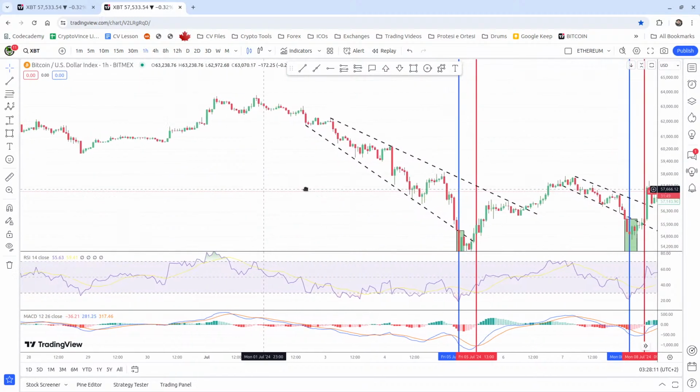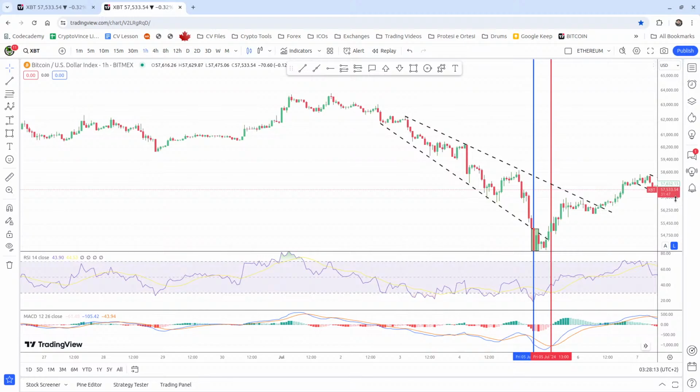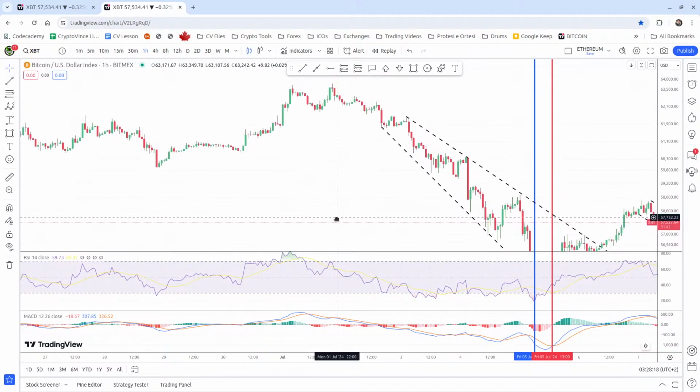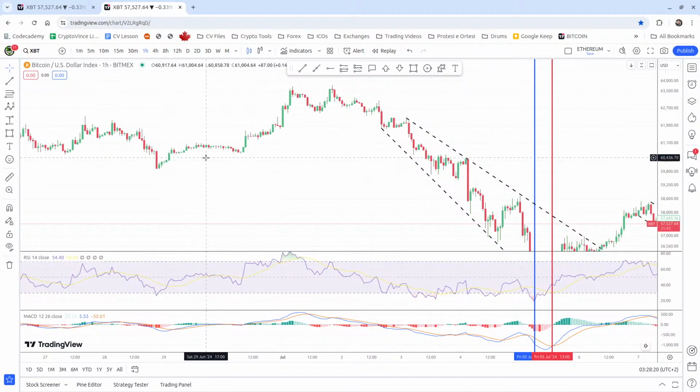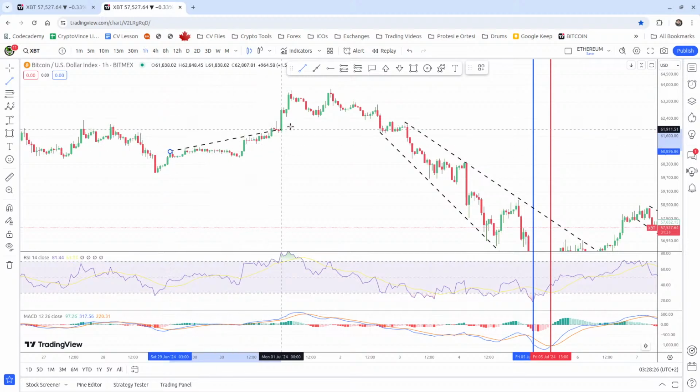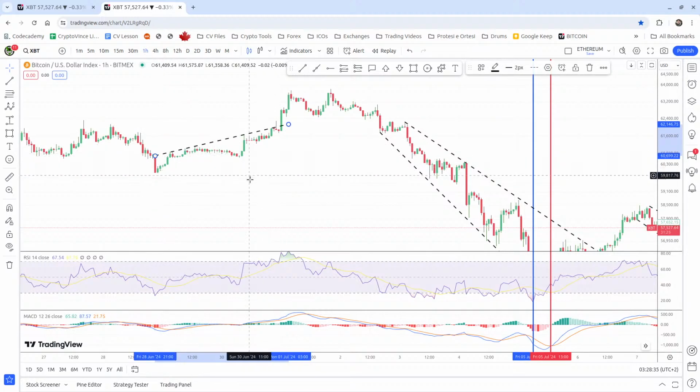I didn't see any other. Let's see, I didn't check before, but look at here. Yeah, here there is another one actually. This is an uptrend, so we trace the highs. Okay, right there. This is a local uptrend, very small uptrend, but still an uptrend.